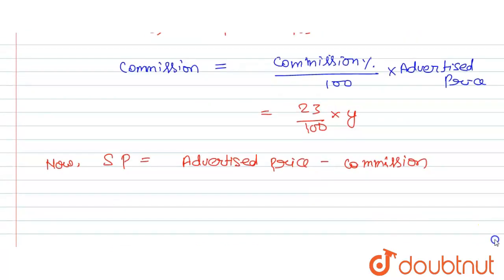So SP, that is the selling price, will be equal to the advertised price, which we are considering as Y, minus the commission on the advertised price, which is 23 upon 100, 23%, into Y.